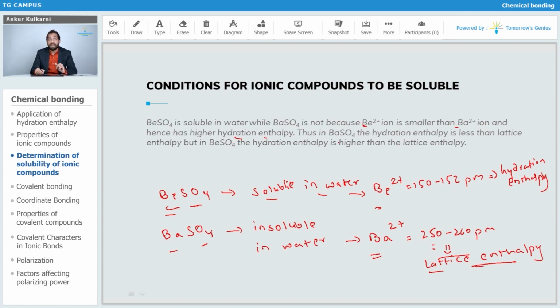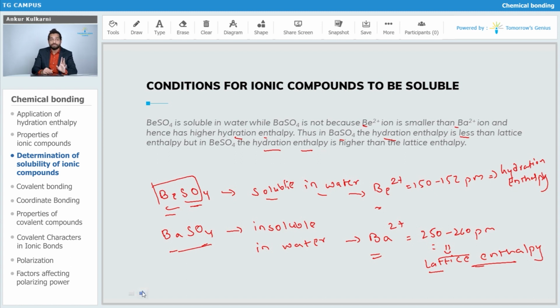So in barium sulfate the hydration enthalpy is less, and in beryllium sulfate the hydration enthalpy is more. Hence beryllium sulfate is soluble in water and barium sulfate is insoluble in water. I hope this is clear to you.